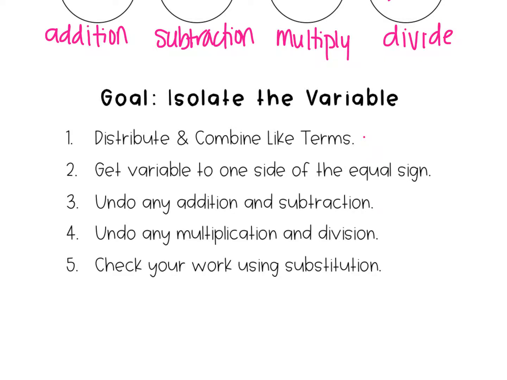Get your variable to one side of the equal sign. Many times you'll see that the letter is on both sides, so you'll need to fix that. Next, you undo any addition and subtraction, then undo any multiplication and division, and then you can check your work by substituting in. So you'll see these basic 5 steps are what you're going to use when you solve an equation.